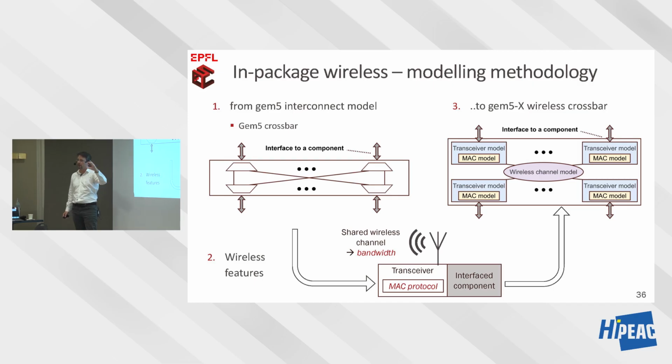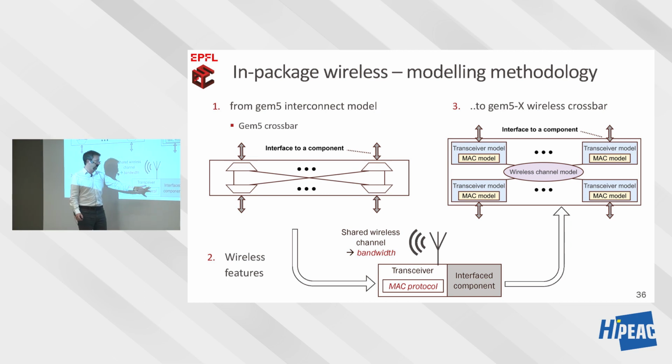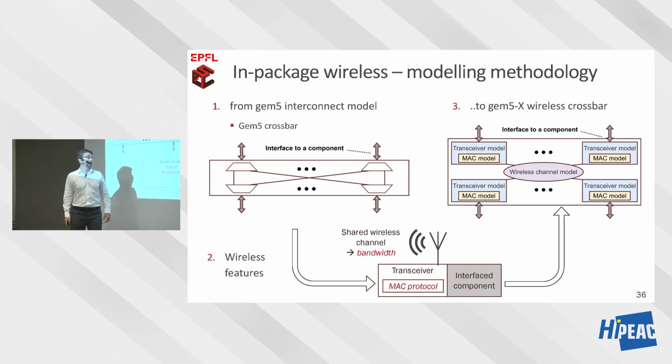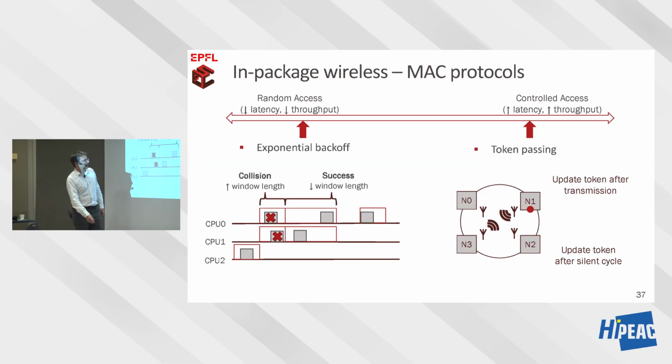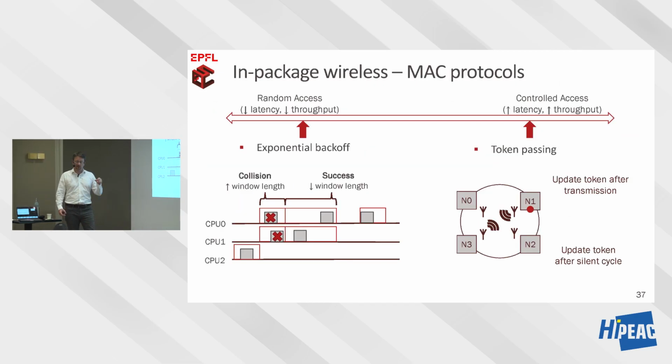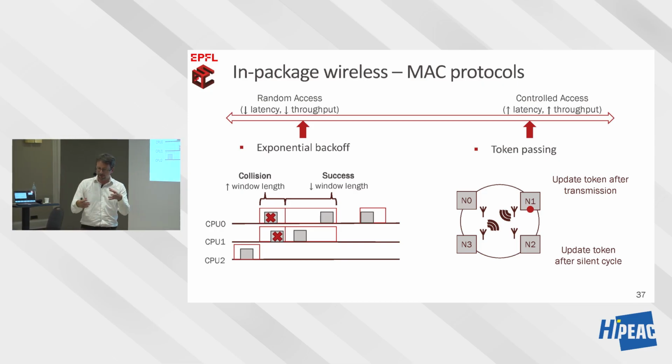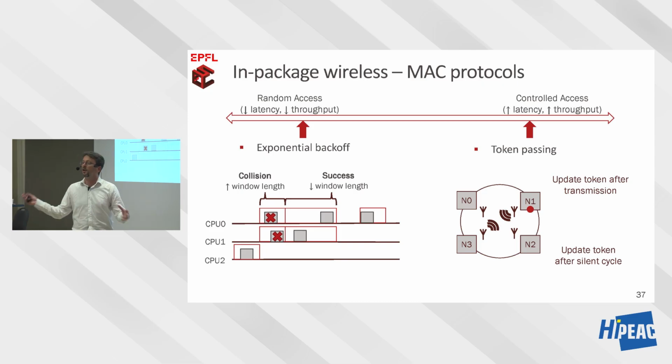I'm sorry for overloading this word, but it's just the standard communication primitive. And then we added a MAC protocol to that in order to mimic what a wireless link would do.